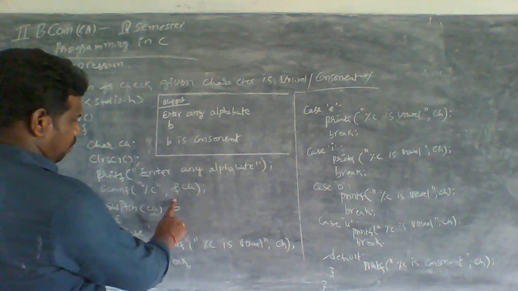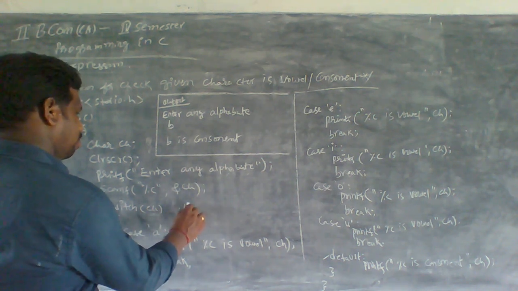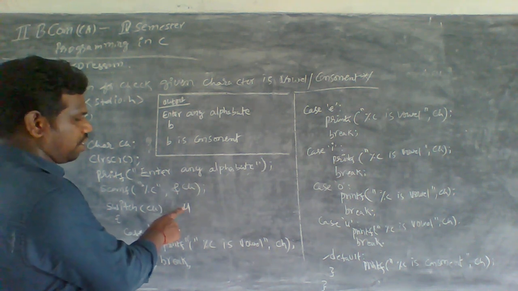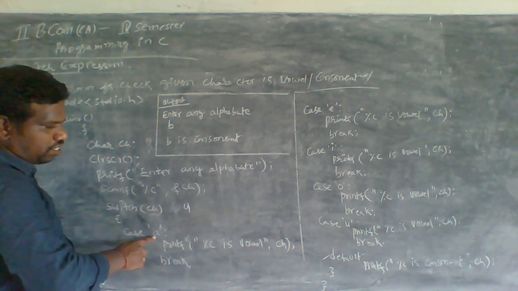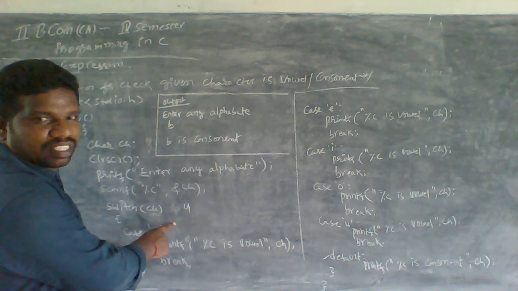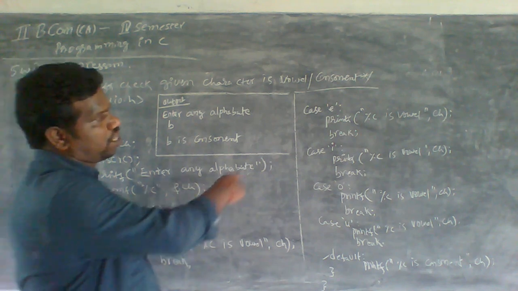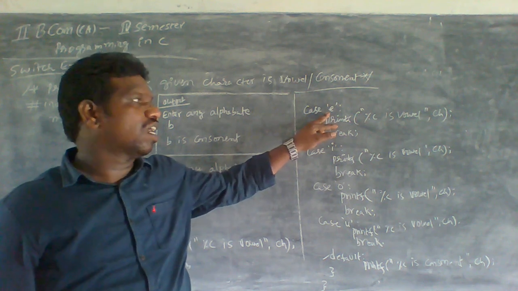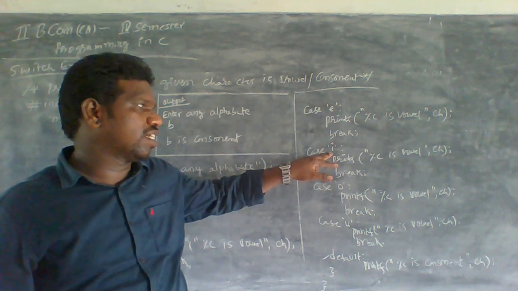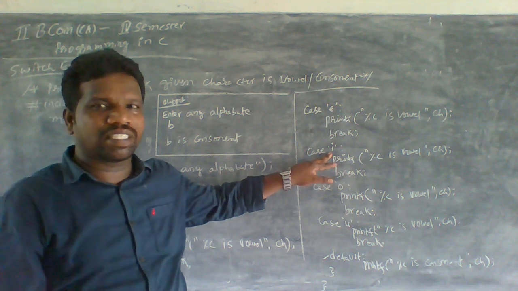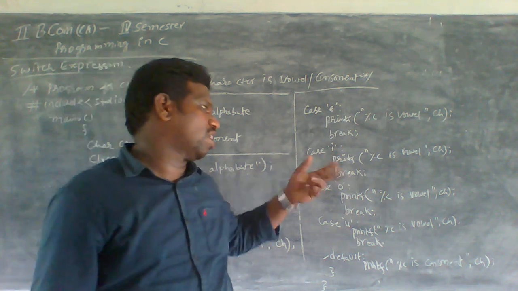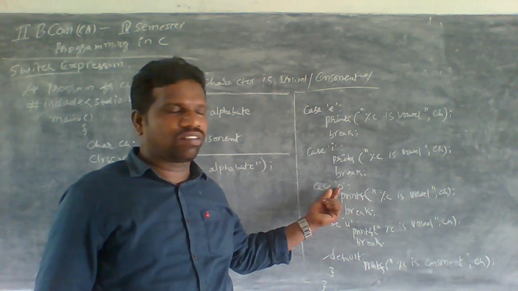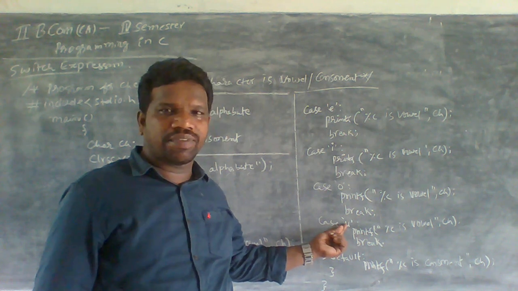If you enter U, ch is treated as U here, and the switch expression is carried with U. U is not matched with case A. It goes to case E. U is not matched with E here, and goes to the next case, which contains I. U is not matched with I, so that is not executed, and U is not matched with O, so it is also not executed. But U is matched with this expression.